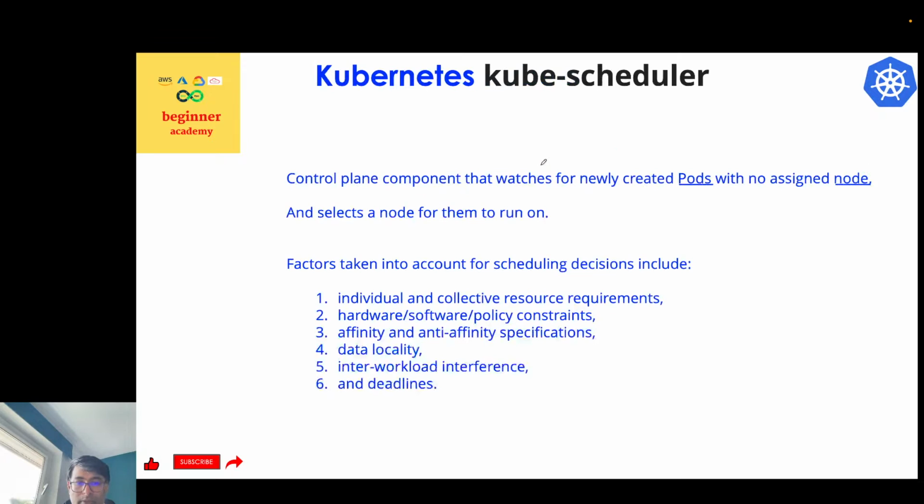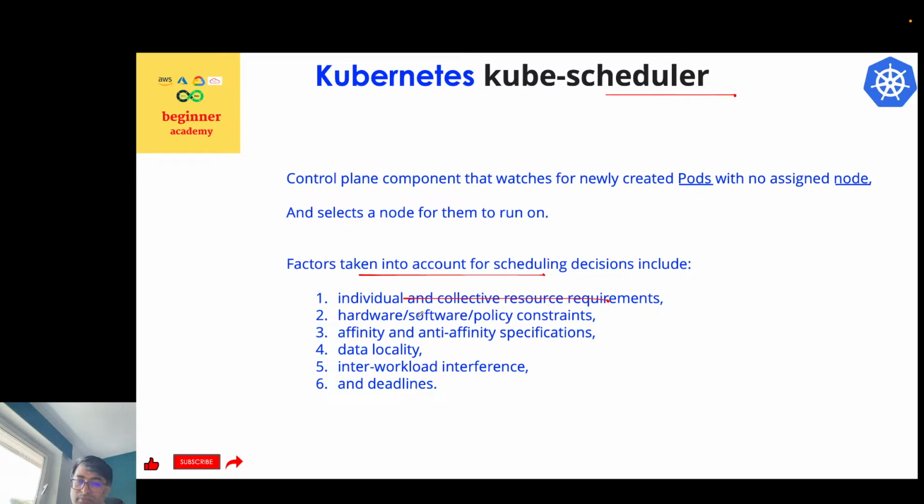Kube-scheduler is basically responsible for this: when you ask Kubernetes to create a particular pod, it will check the nodes to see in which node space is available and where it is full. It will find the feasibility of where exactly this pod has to go and sit. That is the responsibility of our kube-scheduler.